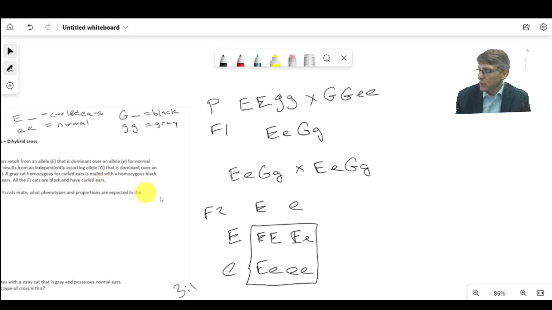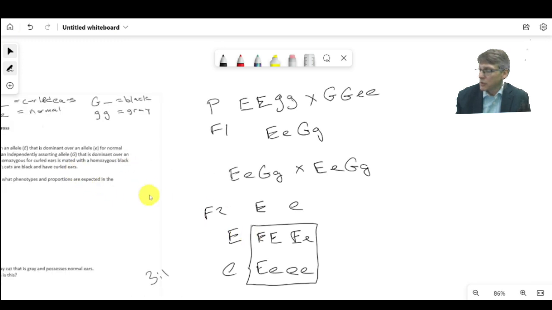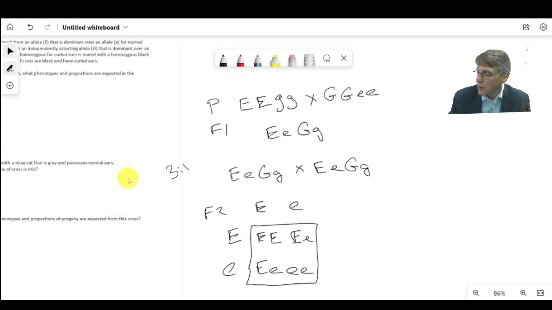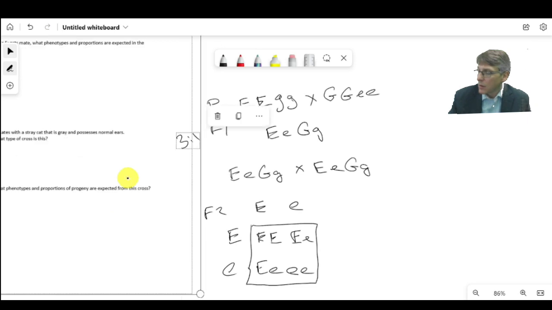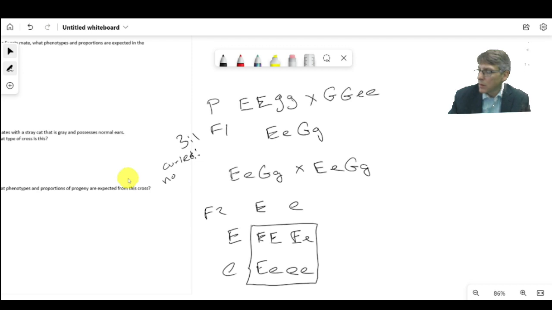So we have a 3-to-1 ratio of curled to normal ears. Okay, but we also have a 1-to-2-to-1 ratio of 1 homozygote dominant, 2 heterozygote, 1 homozygote recessive.